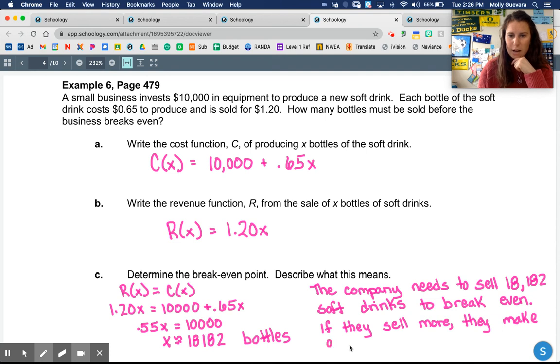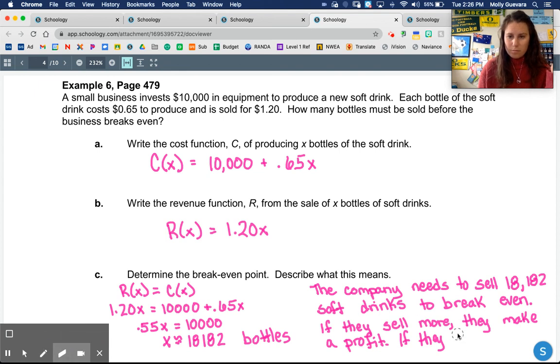And I'm kind of out of room, but maybe you can add in, if you want, if they sell less, they lose money.